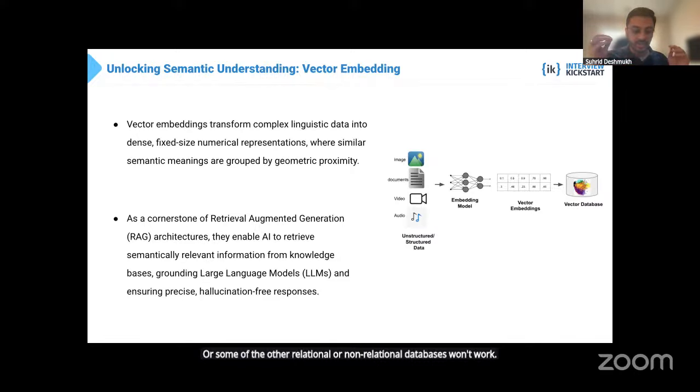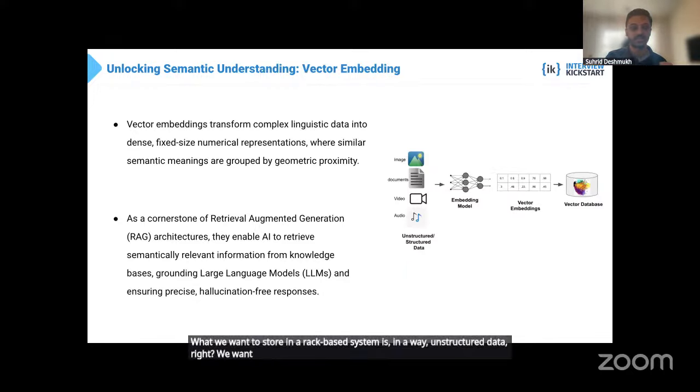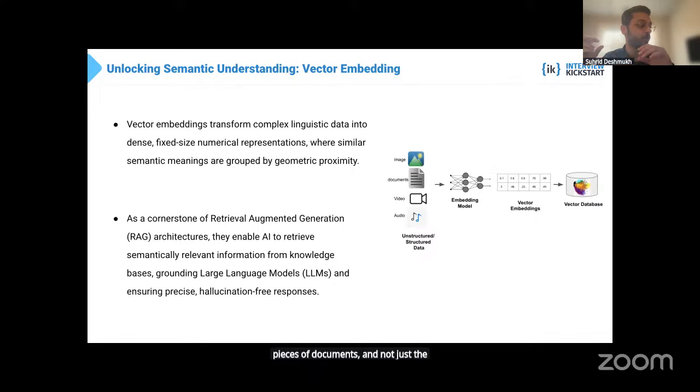The reason is that they are very good at storing structured data. What we want to store in a RAG-based system is, in a way, unstructured data, right? We want to store pieces of text, pieces of documents, and not just the entire document. Maybe we want to store paragraph by paragraph associated with each document, and then make a claim that this paragraph relates to the entire document.